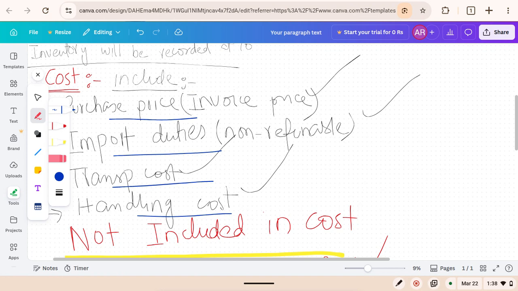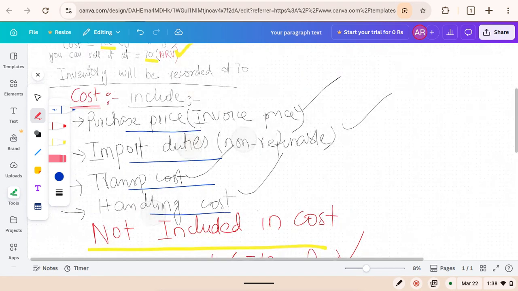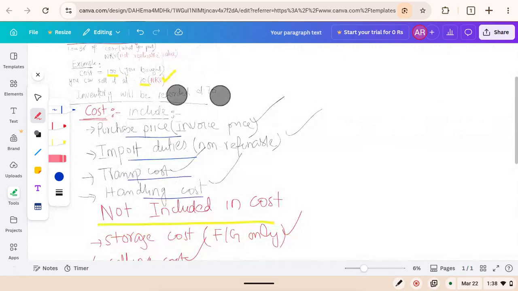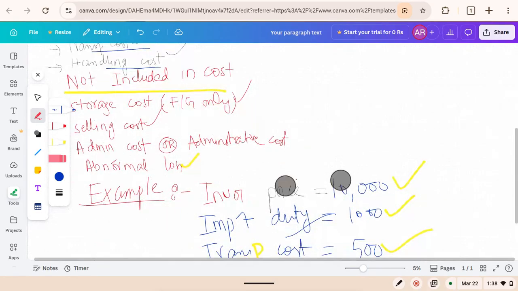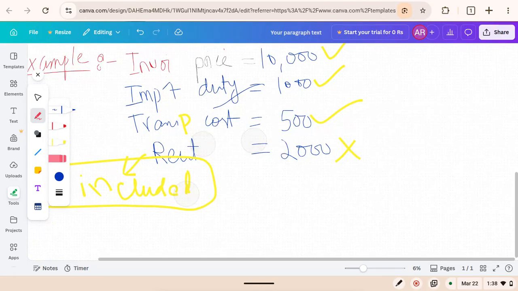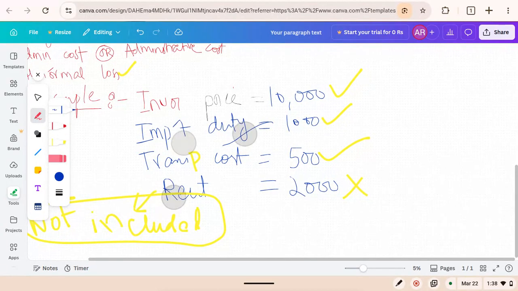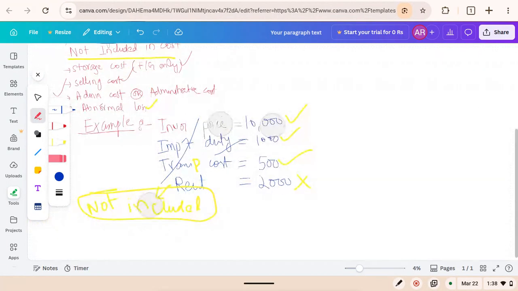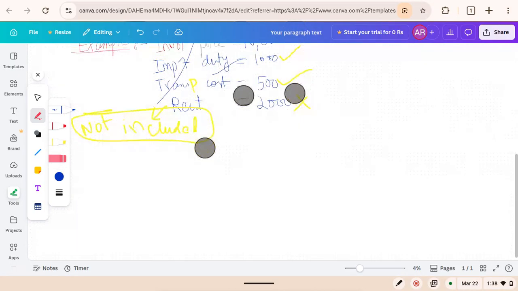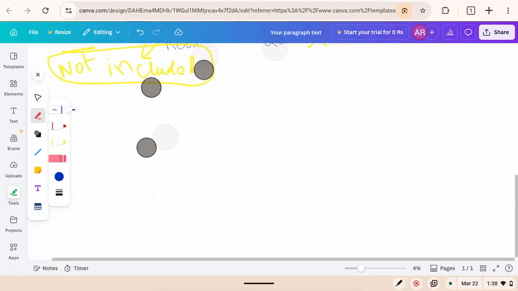Now we are moving toward the production cost.